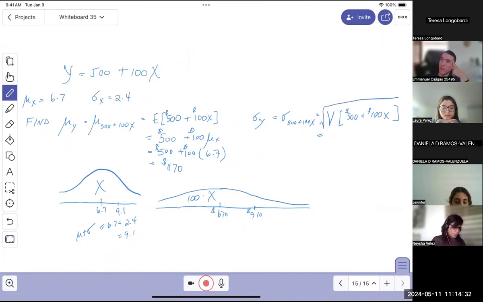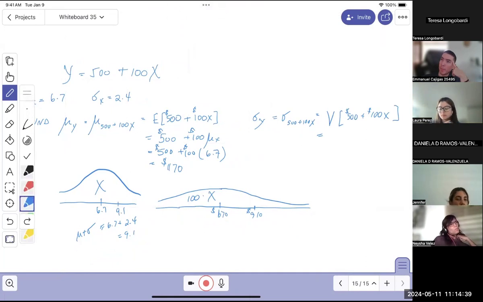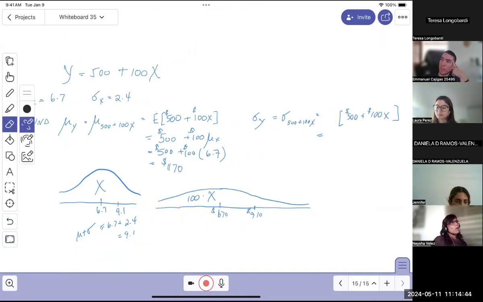Oh, this is a problem here. The V operator is not exactly what I want to use.